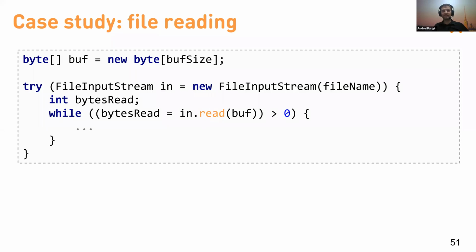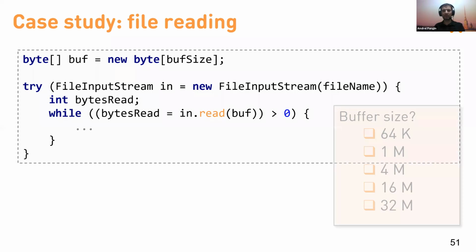Consider this simple example. You're reading a file using a regular Java API, FileInputStream, reading it using a heap buffer. Which buffer size to choose to achieve the best file I/O performance? My first idea was to choose the largest buffer. The larger the buffer, the fewer system calls we do, and more batching.